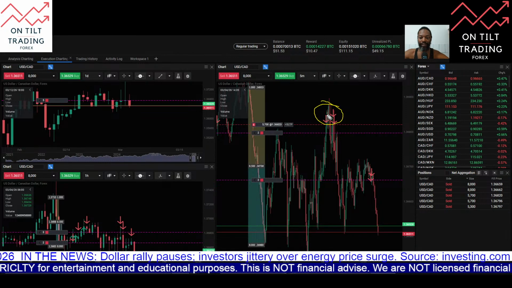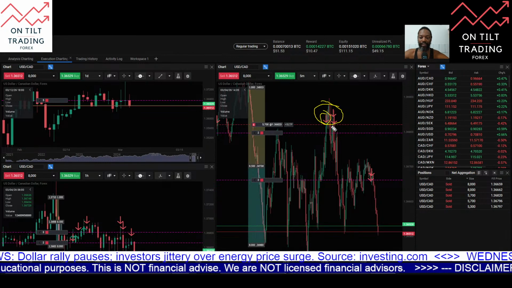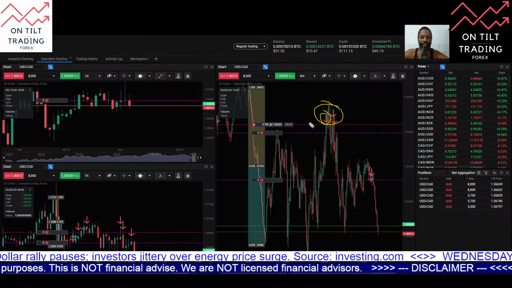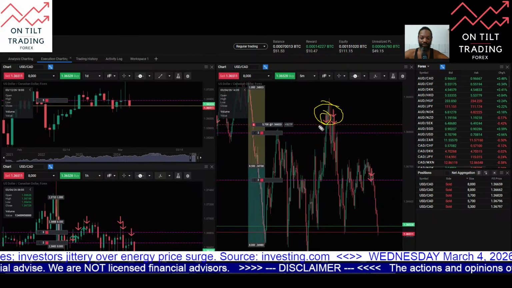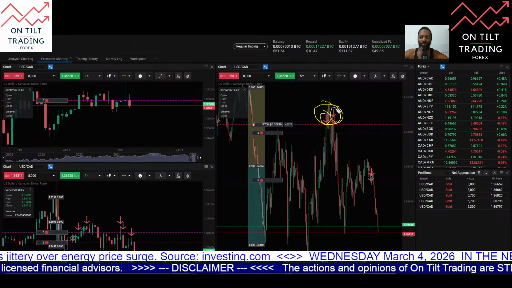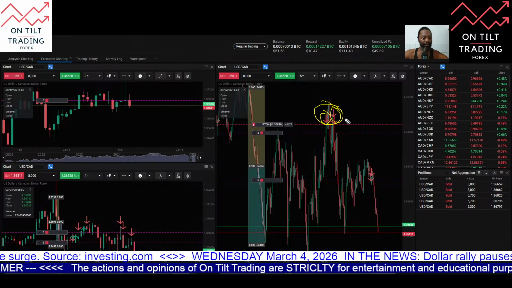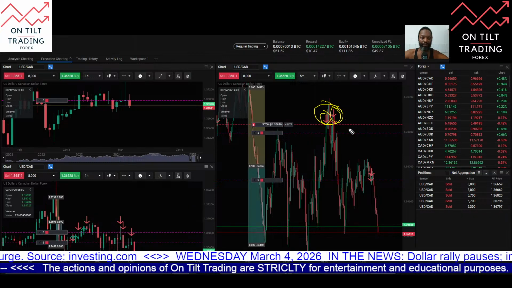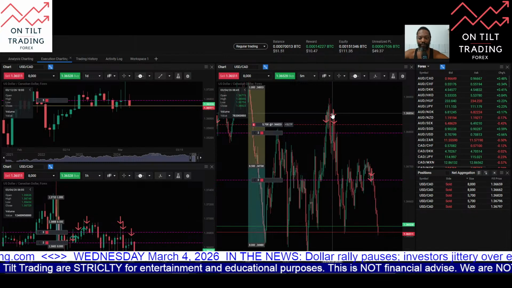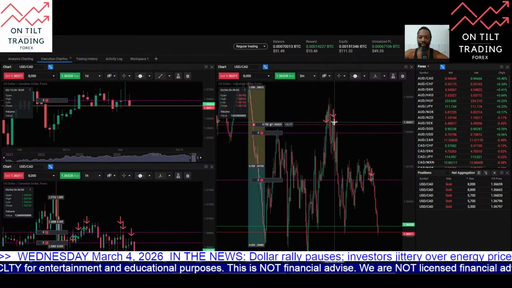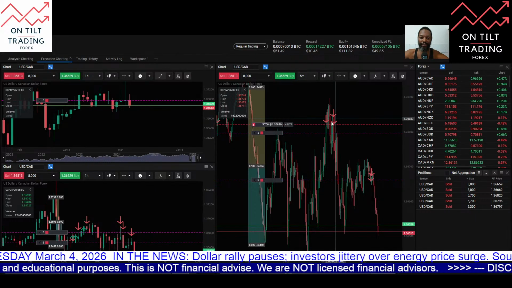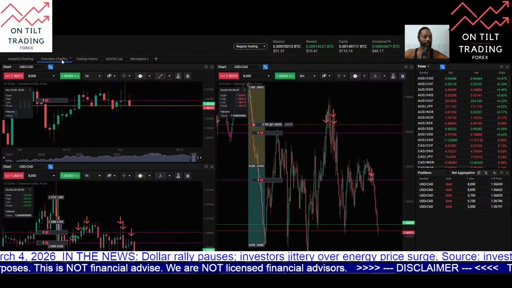The first one just based on the pullback to the market structure shift level on the 15-minute, and then these two positions right here are adds as a 15-minute inverse fair value gap formed with a 5-minute market structure shift.